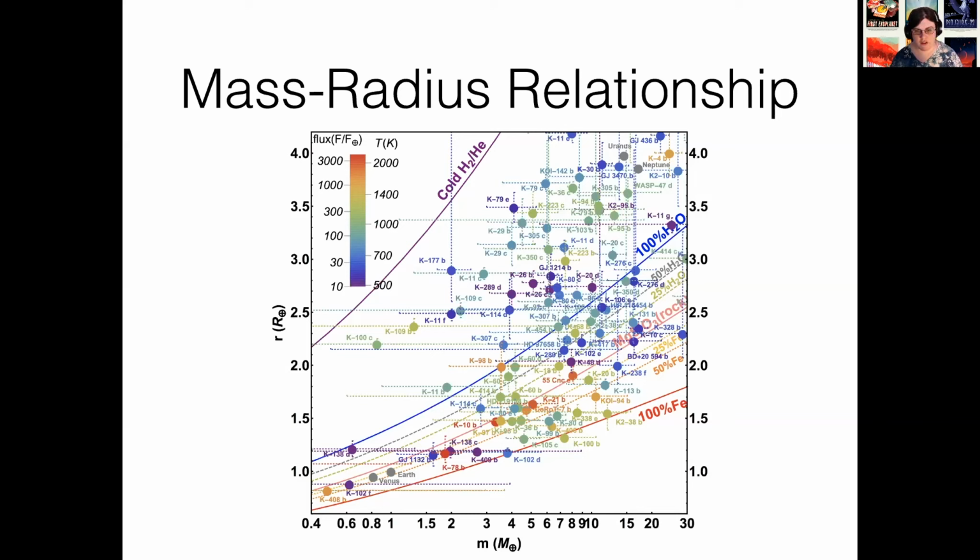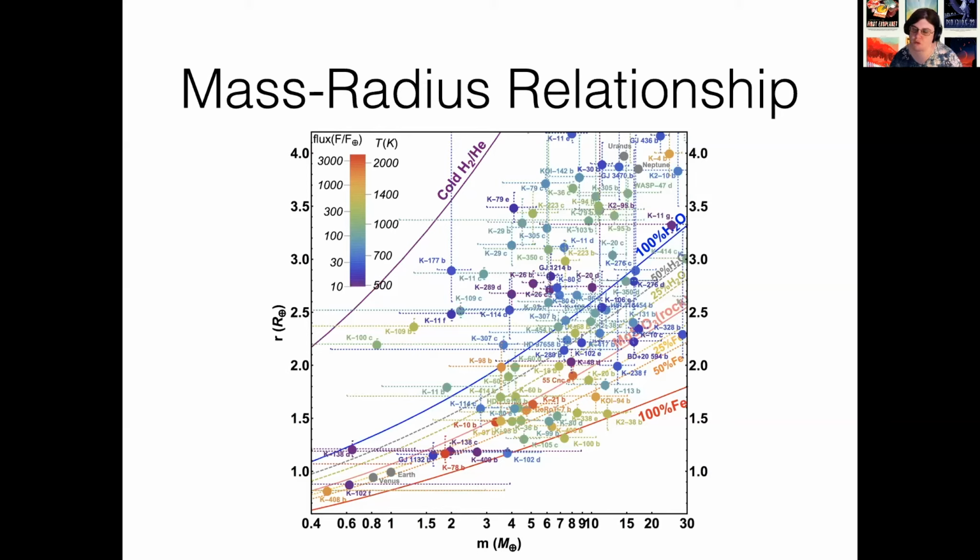But as we move to planets smaller than maybe 2 or 3 Earth masses, most of the planets sit between the rock and the iron line. There's some mix of rock and iron. They're like Earth and Venus. There's a few exceptions, but it seems to be mostly true.